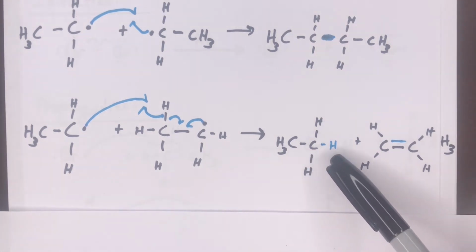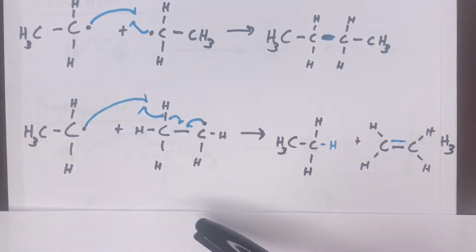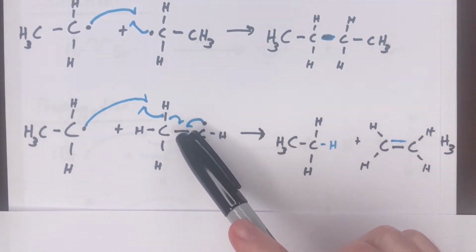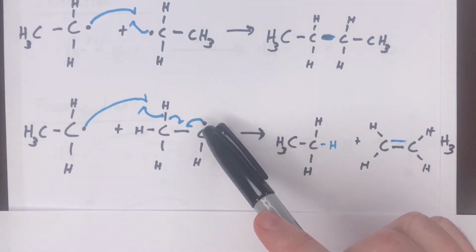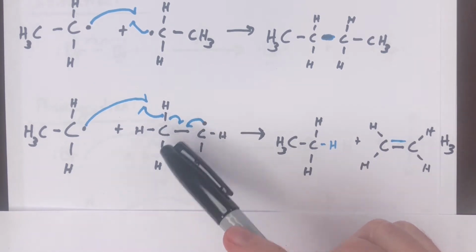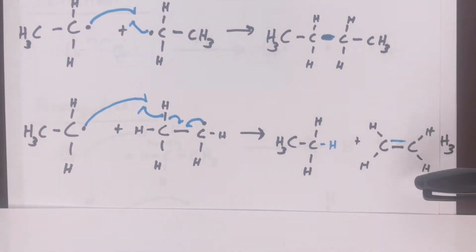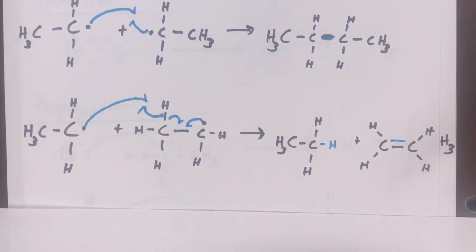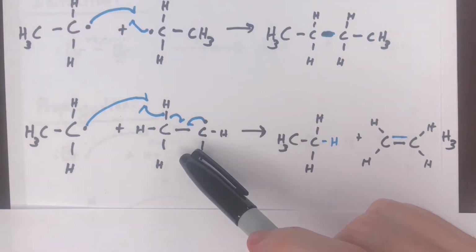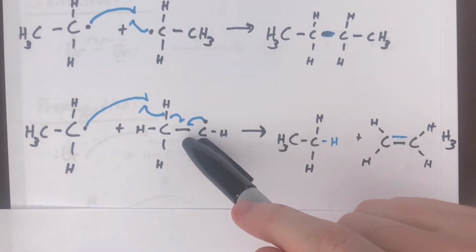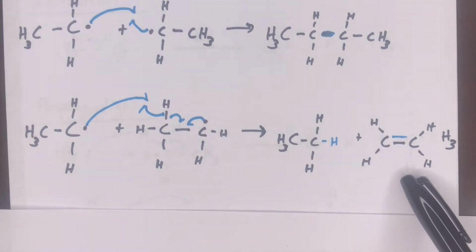You create this new carbon-hydrogen bond, that's what's shown by these arrows. Then you can homolytically cleave this sigma bond and then use the radical here to create a pi bond. And there's a stabilization factor there because we know that these species are more stable than the counterpart. So because of that, this is possible, and we form ethene in this case.